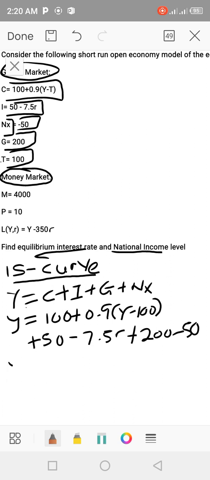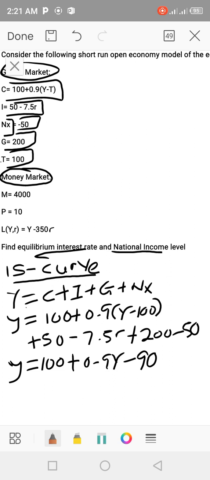So we'll simplify further. This is 100 plus 0.9 Y minus, so what I'm doing is opening the brackets. 0.9 times Y is 0.9Y. 0.9 times 100 is 90.